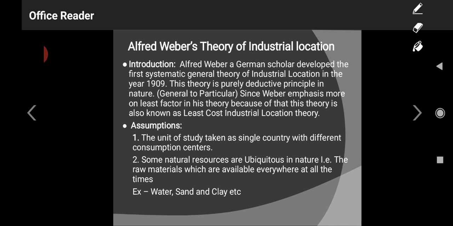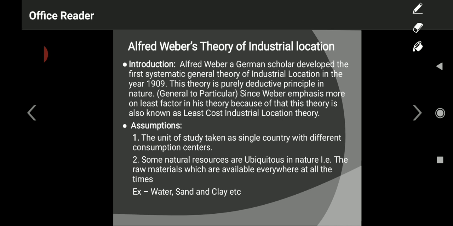What is the central idea of this theory? This theory is purely deductive principle in nature. Deductive means general to particular. I'll tell you one example for this particular sentence, deductive principle. Suppose to start an industrial unit, you are selecting one country like India, that is a general aspect.